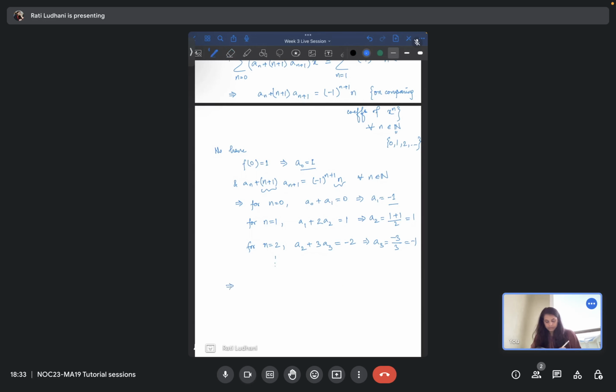This implies f(x) = summation a_n x^n. So what is your a_n? a_n = (-1)^n for all n belongs to N. So f(x) = summation n = 0 to infinity of (-1)^n x^n, and we are done.